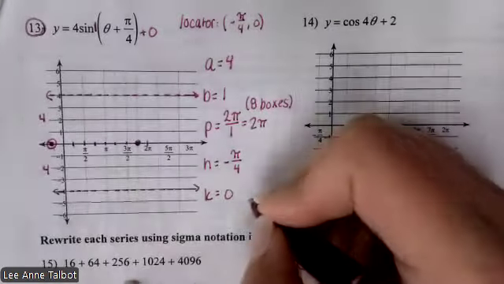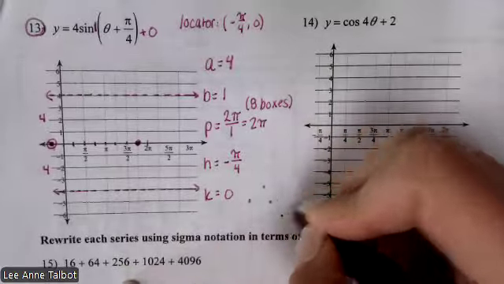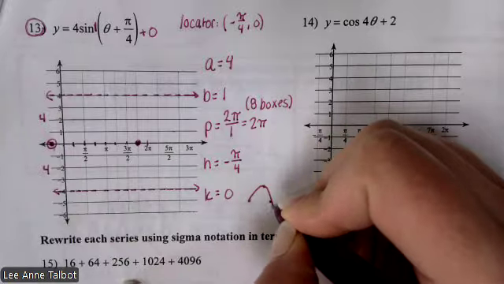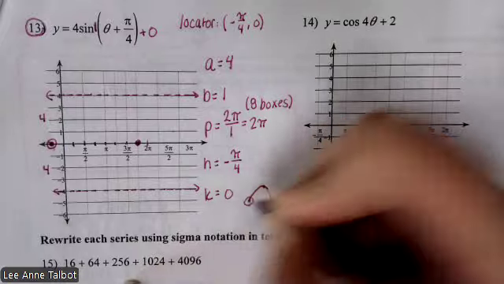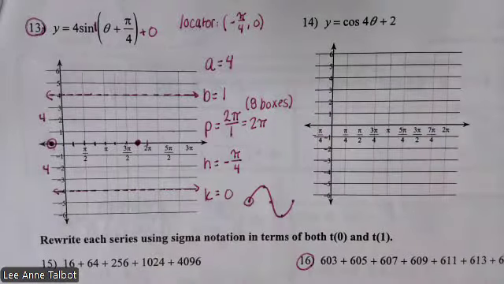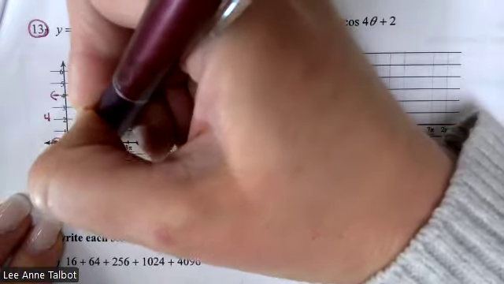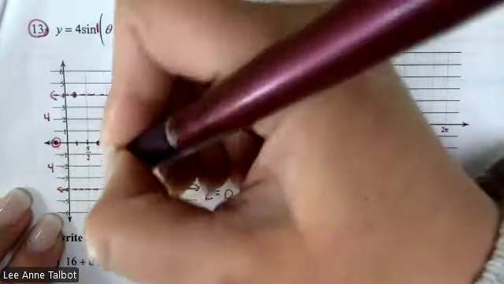Yep, positive sine looks like this. So I like to put the middle dot in first. 1, 2, 3, 4. And then the first dot, and then the third dot.